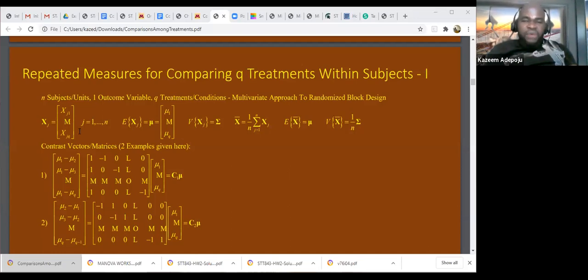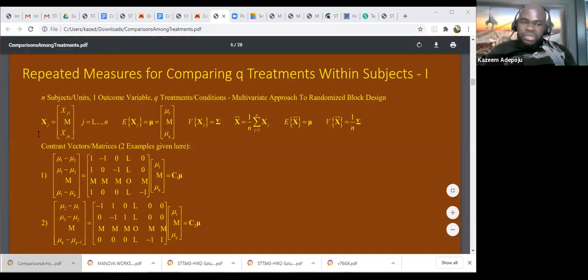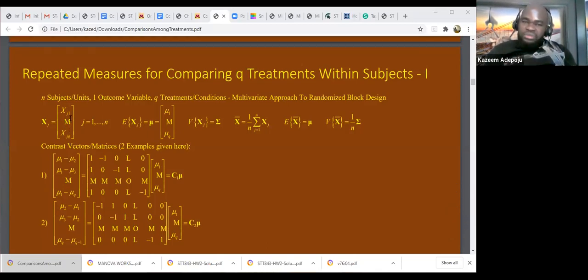Take a look at what I have here. I got an X, a set of variables. It could be a set of treatments where each of them gets its levels. Of course, we can find the mean of that, and the variance of the vector, which is going to be the variance covariance.